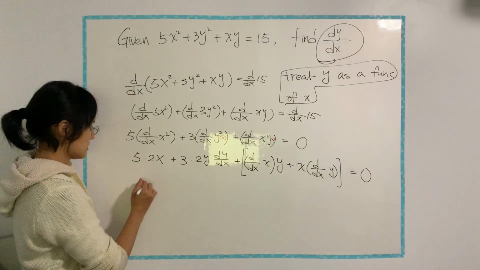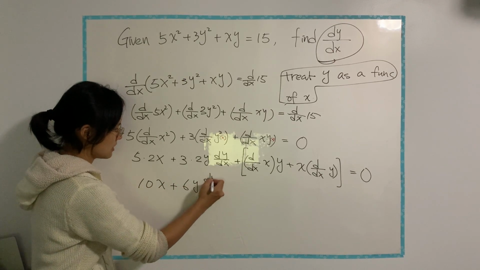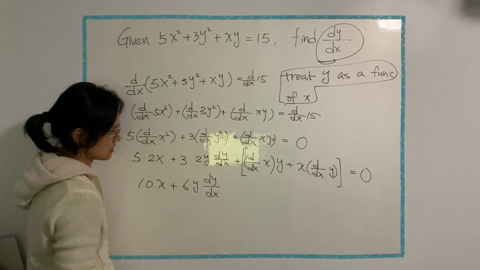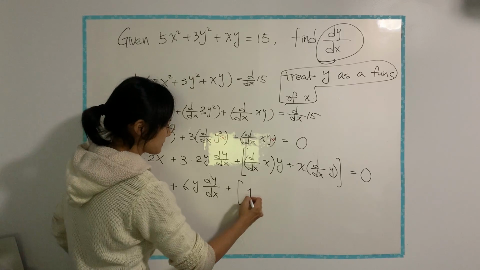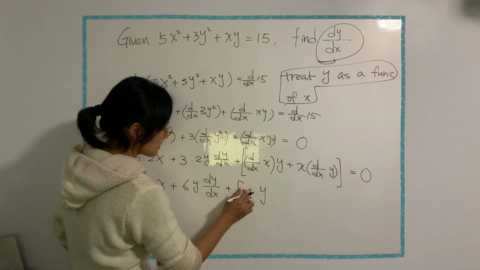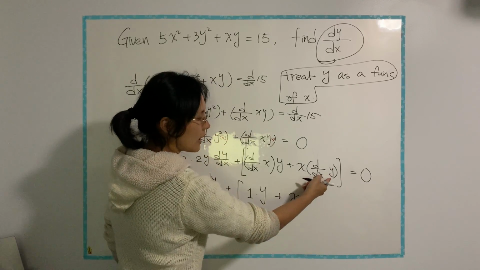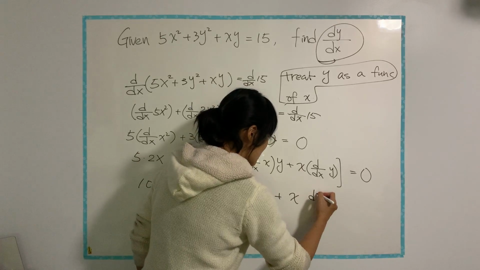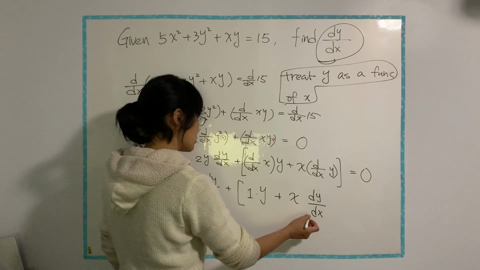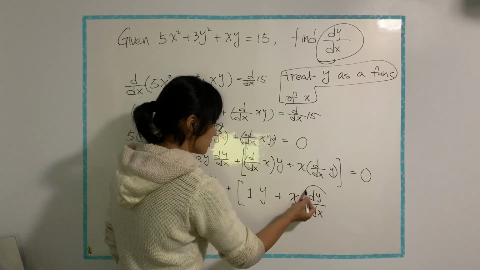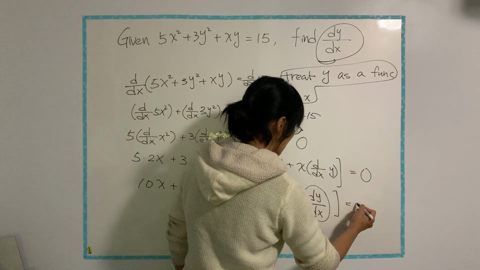Okay, so write this out. 10x plus 6y dy/dx plus the derivative of x, which is 1, times y, plus x. Now I don't know what y is, but I know y is a function of x. So the derivative of a function of x, its output is denoted by this notation, right? So that's just dy/dx equals.